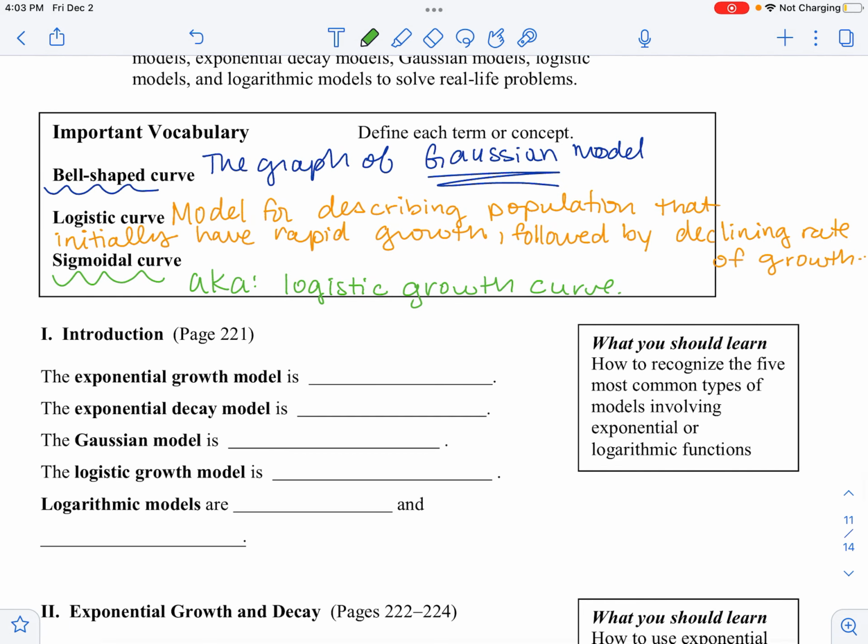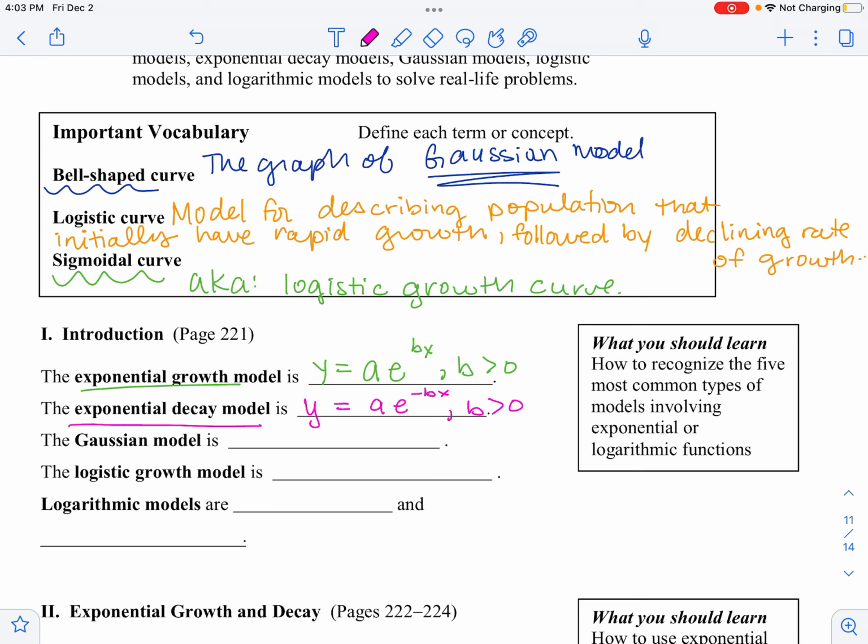Okay, so an exponential growth model is y equals a times e to the bx, where b is positive. An exponential decay model is y equals a times e to the negative bx, where b is also positive.